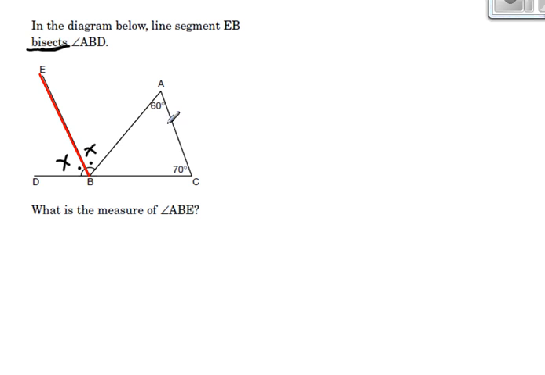Now I have to find the measure of angle ABE. ABE, I've already labeled it X, so that's good. How are we going to find it? Well, look at the rest of your diagram. I have a triangle here, ABC, and I'm missing one angle in that triangle. Let's call it Y. I can find Y using the triangle sum rule.